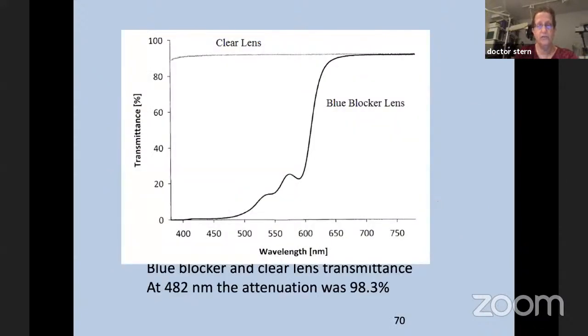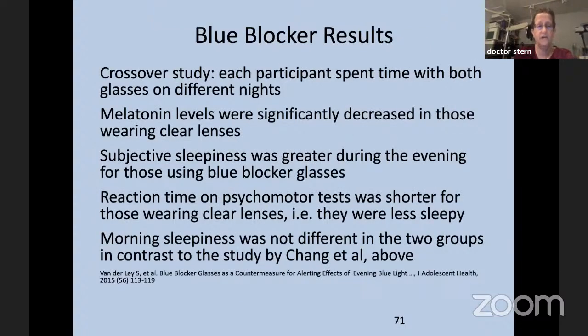With the clear lenses, you can see the transmission is that straight line across the top, and in the blue blocking lenses, there was a lot less, obviously, in the blue end of the spectrum. They did a crossover study, and what they found was that if they used the blue blocking lenses, they were sleepier in the evening when they should be, and melatonin levels were less in those who had the clear lenses on.